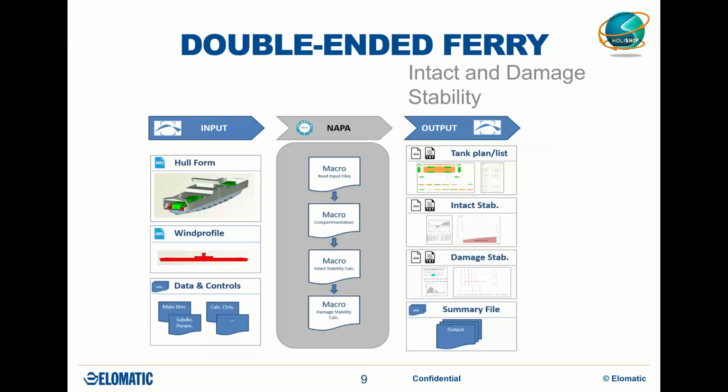And the stability results are received in the form of a response surface model, where we can easily see, for example, what the main deck height can be so that the double-ended ferry complies with all necessary stability regulations. The stability analysis in turn is a constraint that limits the design space in the optimization procedure.